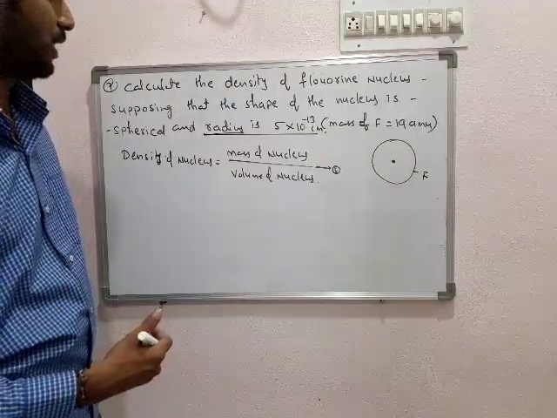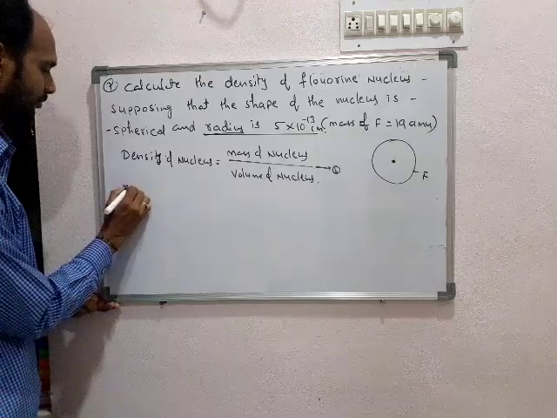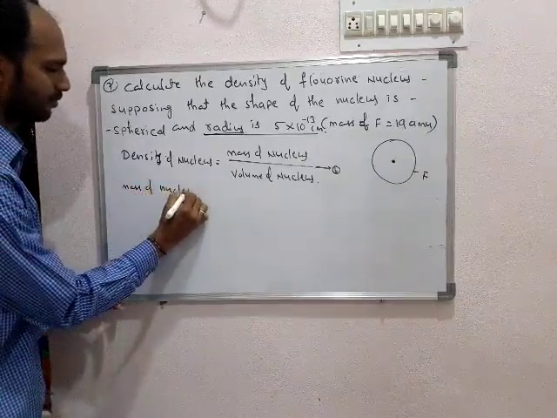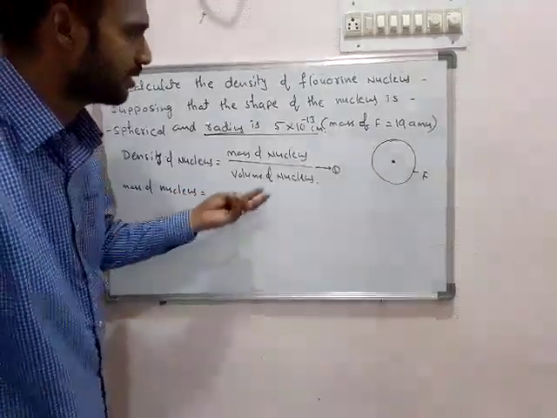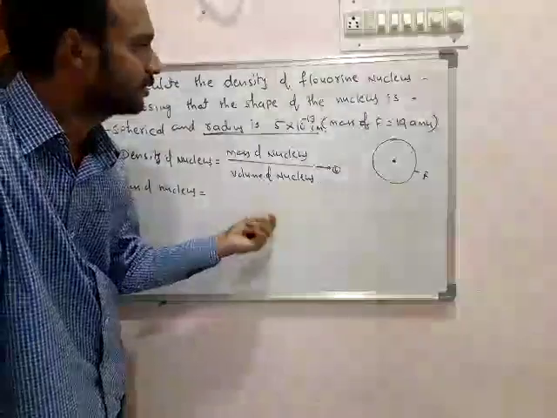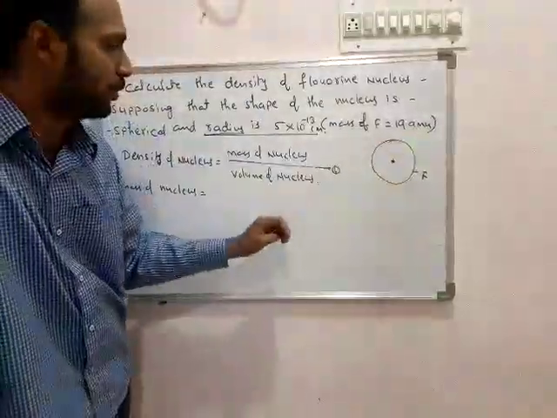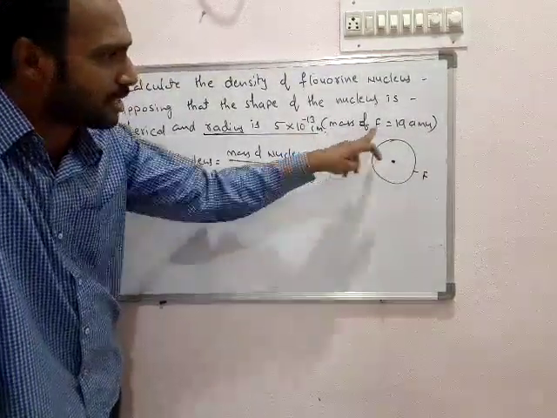What is the mass of the nucleus? We already know the mass of the nucleus is nothing but its mass number, that is given as 19 AMU. So we need to convert it into grams, because the radius is given in centimeters, we must take it in grams.